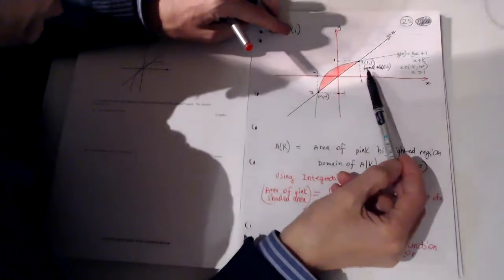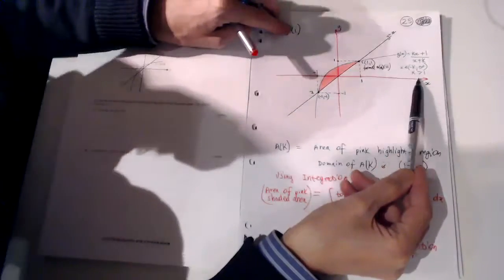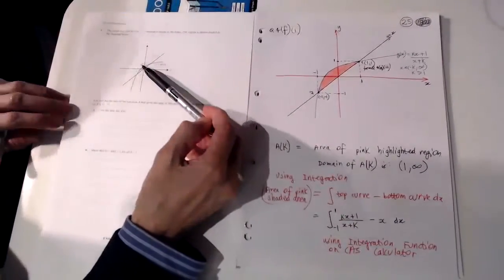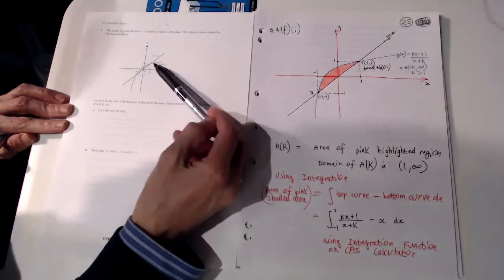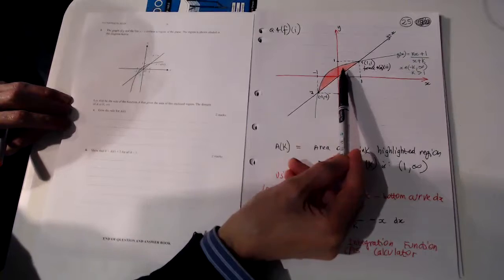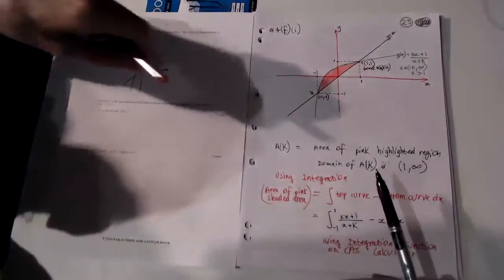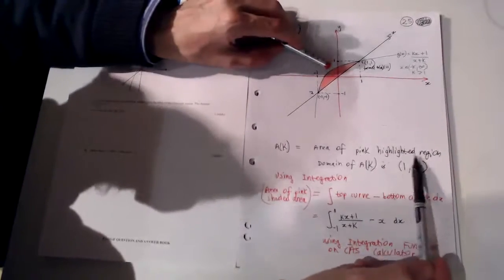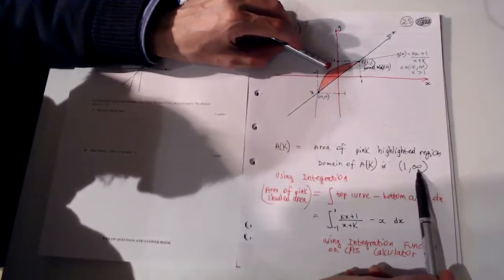Now, we know from question 4E part 3 that x is between -k and infinity and k is greater than 1. Now, they tell us in the question about that shaded area there between the curve and the line, which are represented here as a pink highlighted area. So they want us to find basically that pink highlighted area. Well, A(k) is equal to the area of the pink highlighted region. The domain of A(k), like they say in the question, is between 1 and infinity.